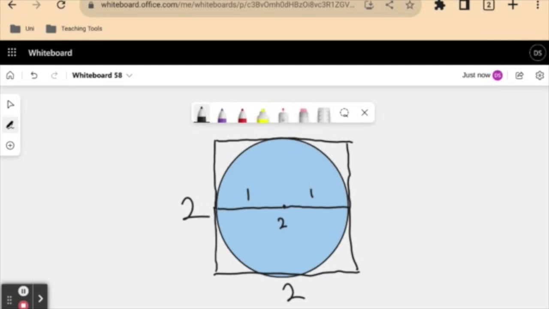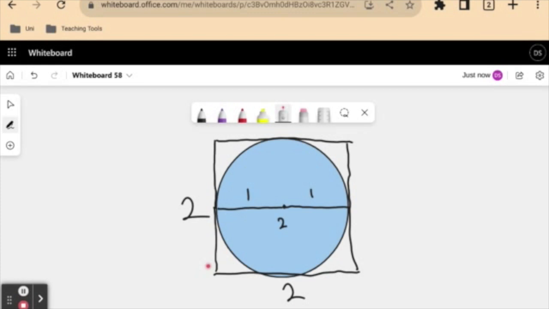Now, we can clearly see that if we're looking at perimeters and borders here, if I were to approximate the circle, the length of the border of this circle in comparison to the square that encloses it, well, the square is going to have a larger perimeter than the circle.